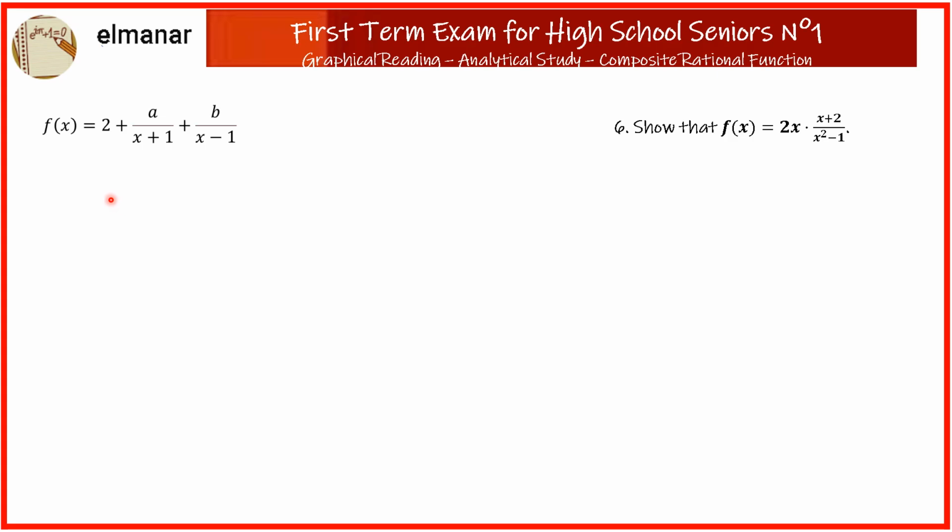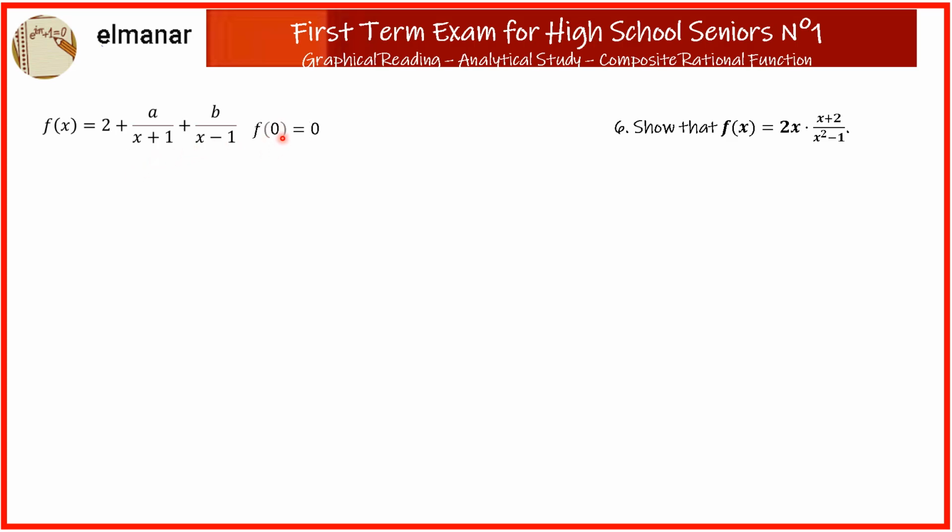Starting point of the exercise. We begin with the known original expression of the function named f. It is defined as 2 added to a fraction whose numerator is labeled a and whose denominator is x increased by 1, plus another fraction whose numerator is labeled b and whose denominator is x minus 1. 2 key pieces of information are also provided.